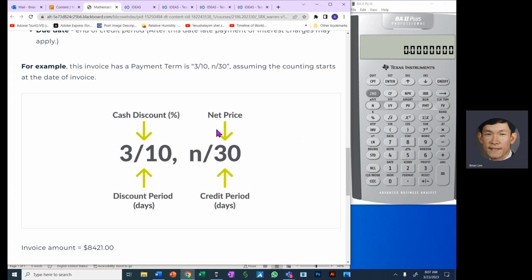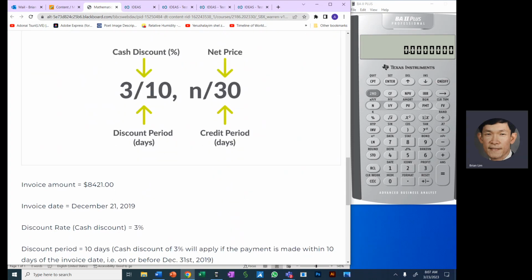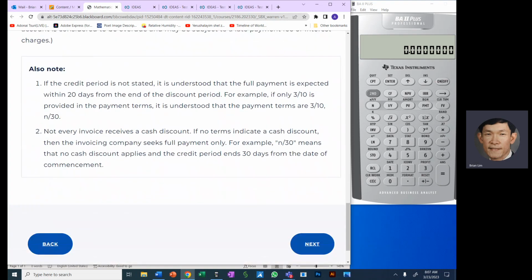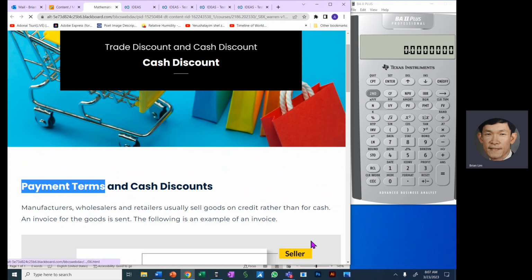An N refers to net price. Net price means no discount, but it shows that the credit period is 30 days, so the invoice has to be paid in 30 days, right? So there we are.